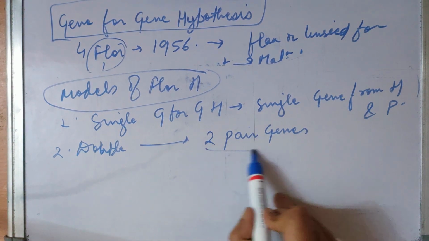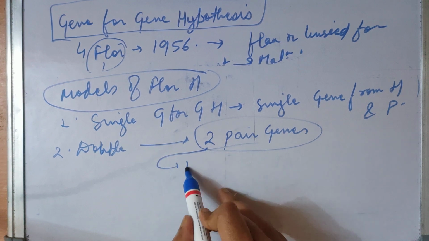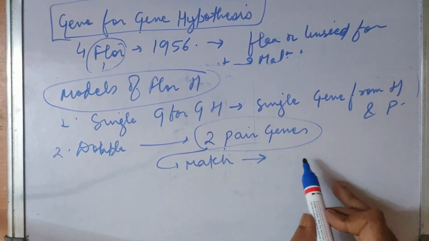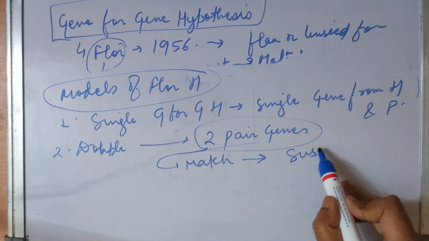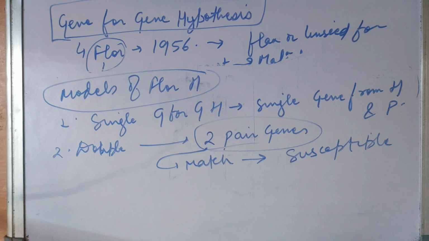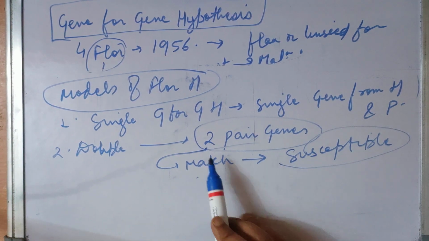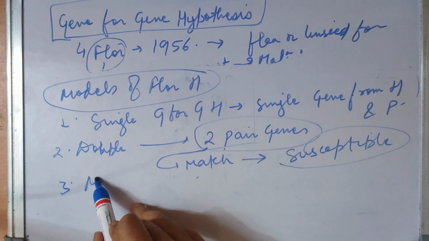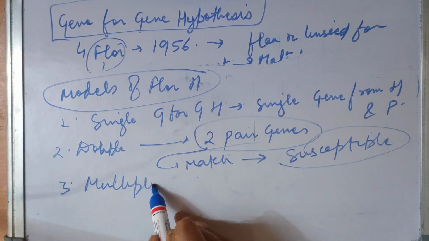When both pairs match, then only the reaction will be susceptible. When both pairs do not match, or one of the pairs doesn't match, then the reaction will be resistant. The third one is the multiple gene for gene reaction.